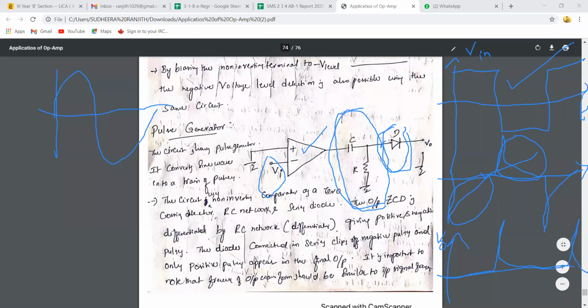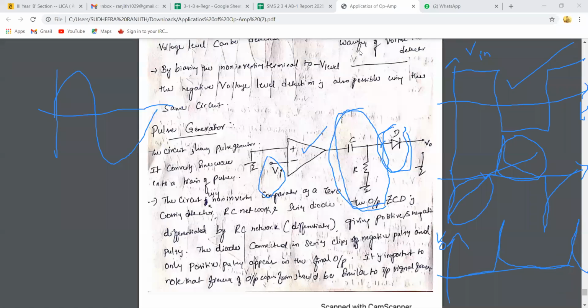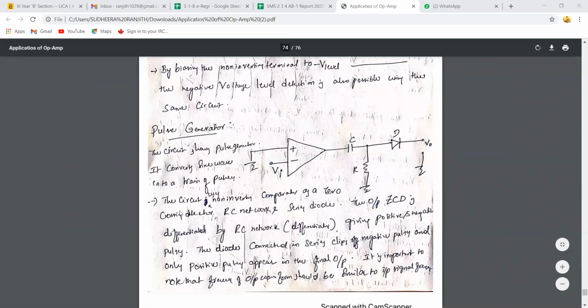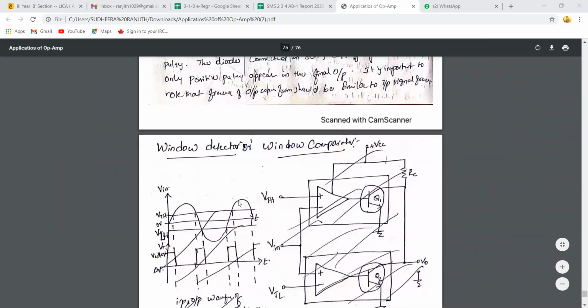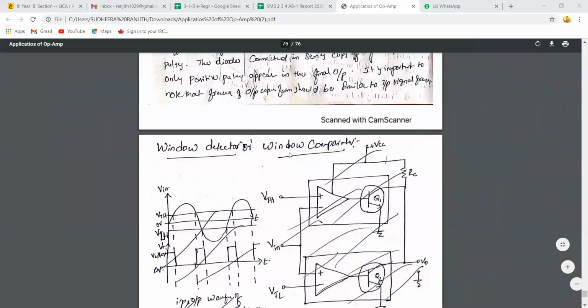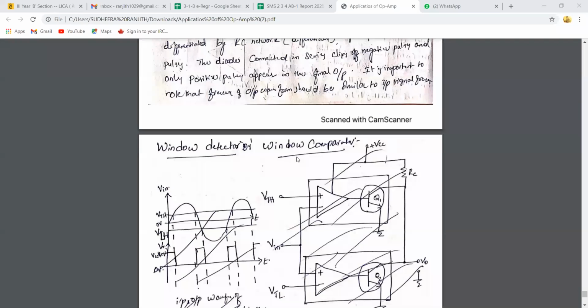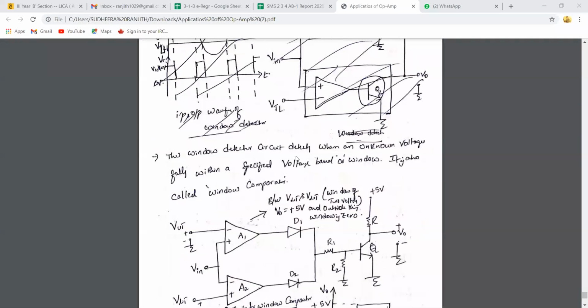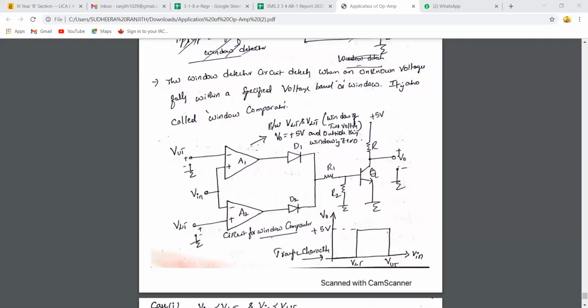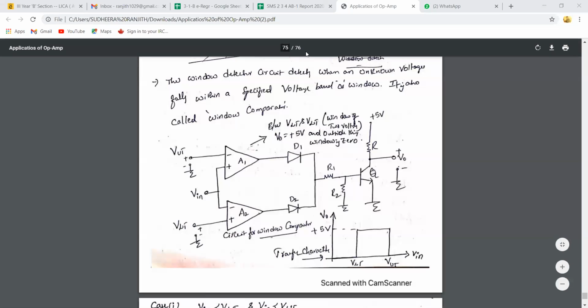Right. And coming to the last application of the comparator, that is window detector, also called window comparator. This is the circuit I have taken from the internet.